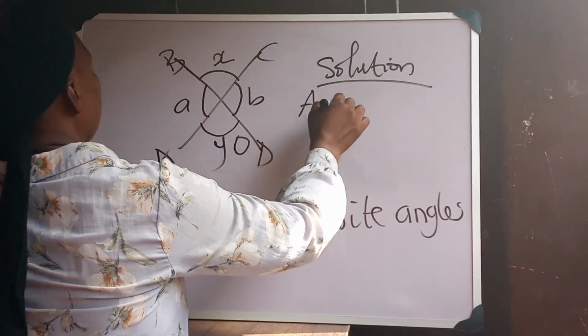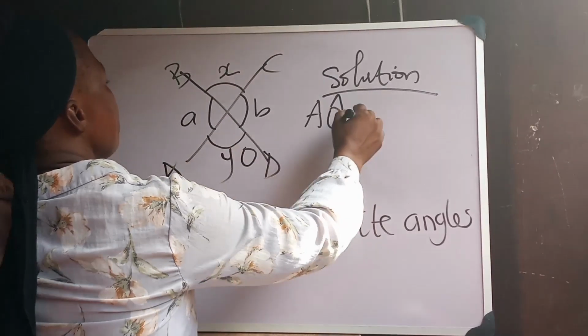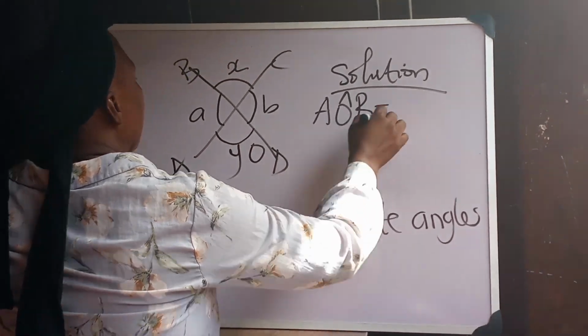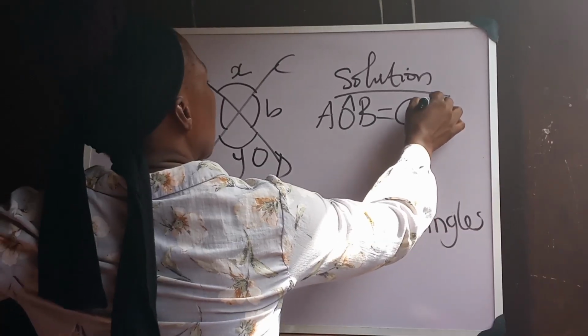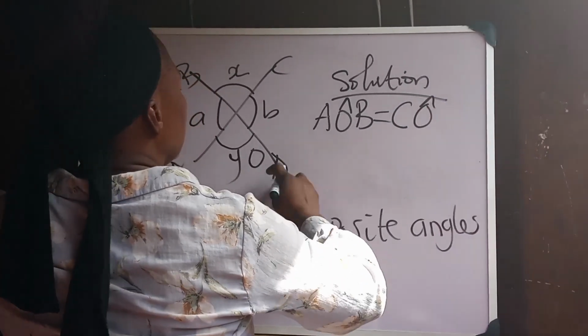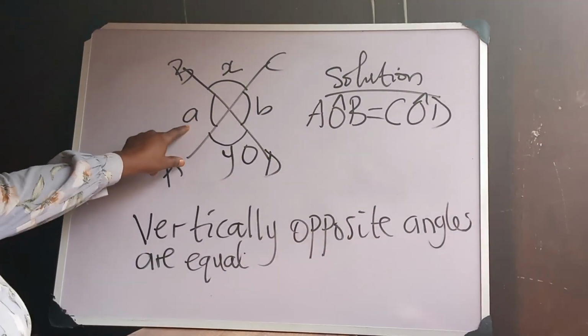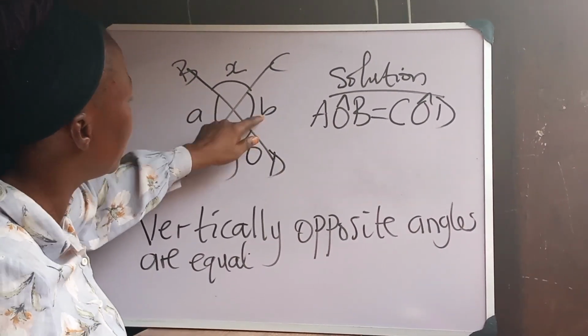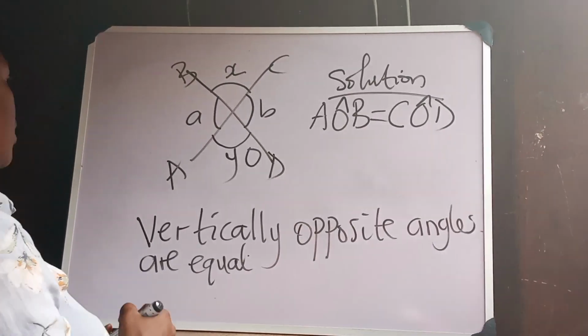Angle OB equals angle OD. This tells us that this angle and this angle here, A and B, are equal to each other.